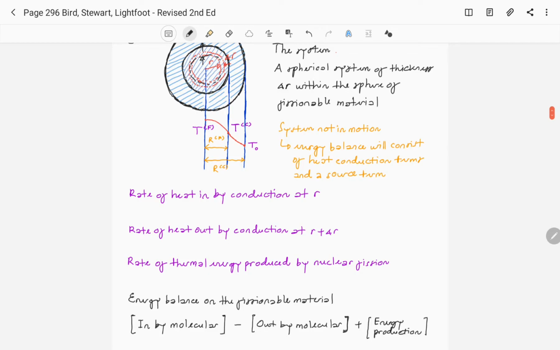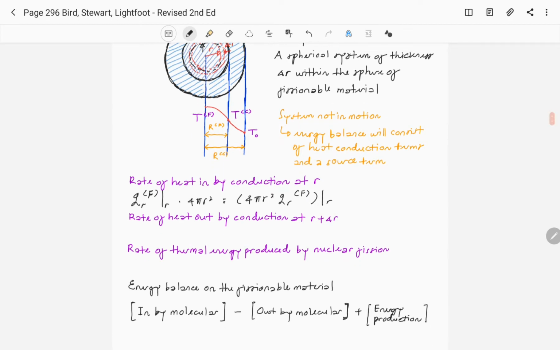The rate of heat in will be equal to Q_r, where the subscript F refers to the fissionable material, which is the inner sphere, evaluated at r, multiplied by 4 pi r squared, which refers to the surface area of the sphere. This can be lumped together into 4 pi r squared Q_rF evaluated at r.